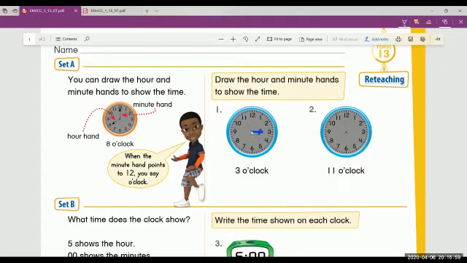Okay, and the minute hand is pointing to 12.